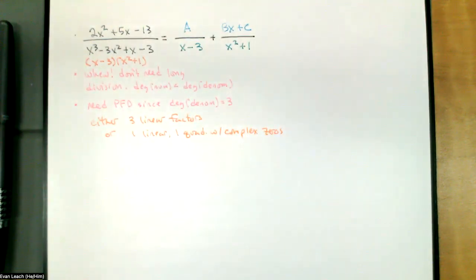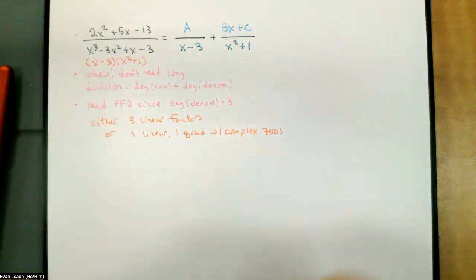We know that all we need out of this is the constant because we know where this came from. But in general, for practice, we're going to pretend that we don't know where this came from. And above a quadratic, we put a linear. Above degree 2, we put degree 1. And then we're just going to solve to make this happen. We just put these together.